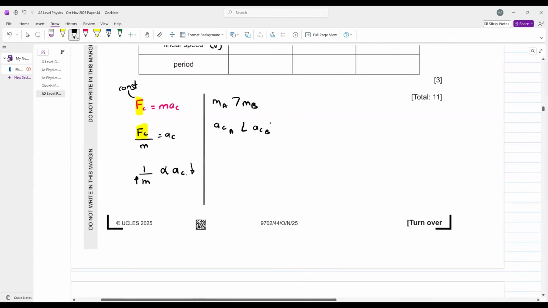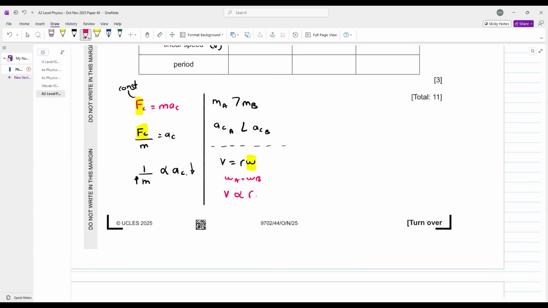बेटा, linear speed का formula याद है आपको? Do you remember the formula of linear speed? V is equal to rW. Can you realize W for both A and B is the same?